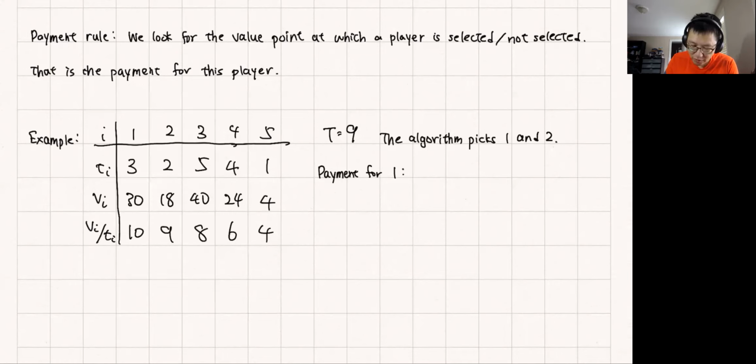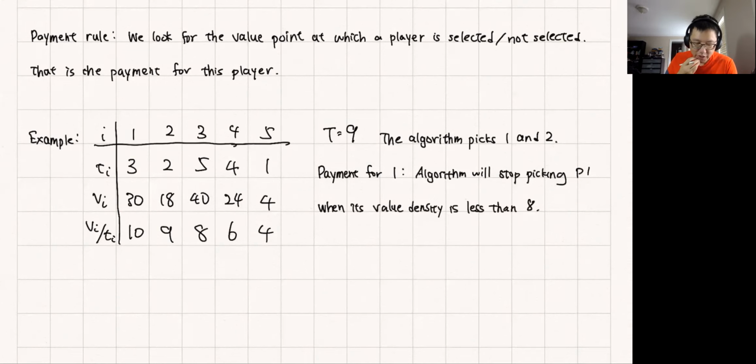So here for player 1, the algorithm will stop picking player 1 when its value density is less than 8.